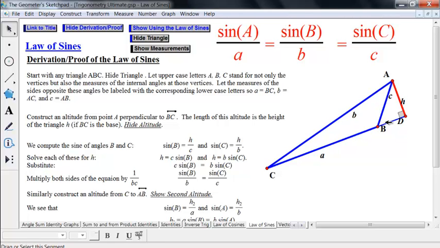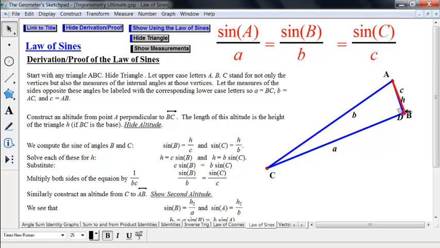In another, angle B is an obtuse angle, but the angle over here at B is an acute angle, and both of them have the same sine. Remember, supplementary angles have the same sine. So either way, the sine of this big obtuse angle B is still the sine of the smaller angle at B, which is h over c.